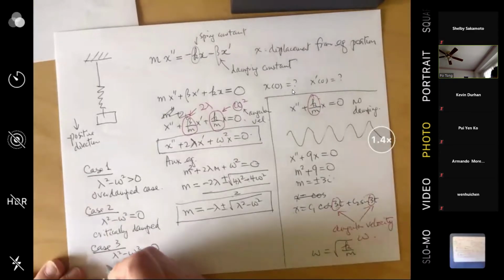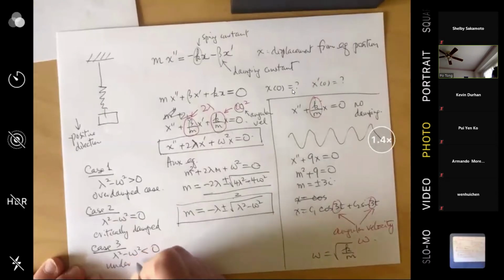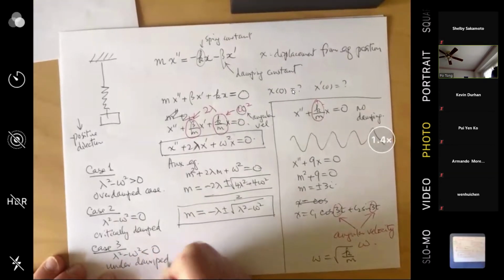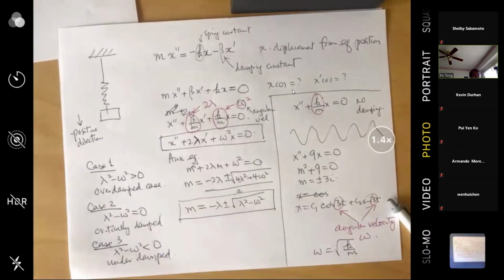So this is called underdamped. Underdamped means that you don't have enough resistance or damping to cause it to die down right away after a short time. It will keep bouncing. So we will write out the solution for case 1, case 2, and case 3.